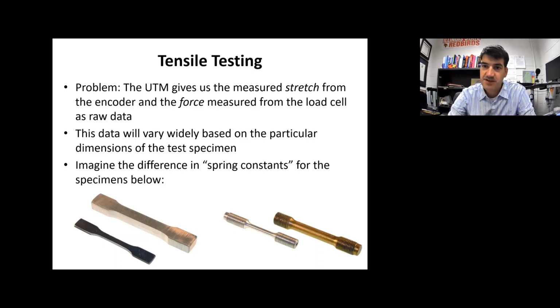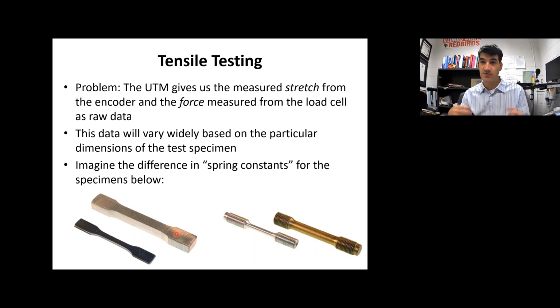But when you think about that, just consider how the spring constant is going to be different for these materials. Here's a much smaller specimen, and here's a much larger specimen. Would you expect these to have the same spring constant? Probably not, because this one is much bigger and thicker. So it's going to take a lot more extension to get a certain amount of force, or vice versa.